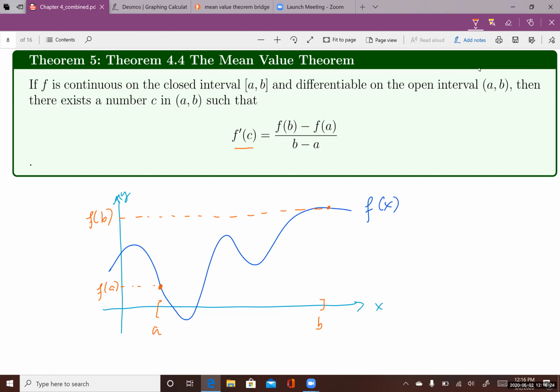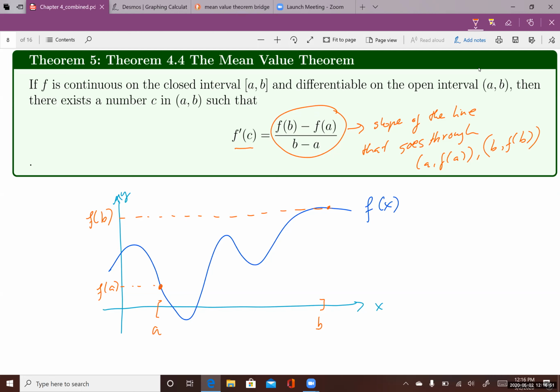What does that tell you? So look at the right side of this equation, f of b minus f of a over b minus a. This is actually the slope of the line that goes through the point a, f of a, and b, f of b.